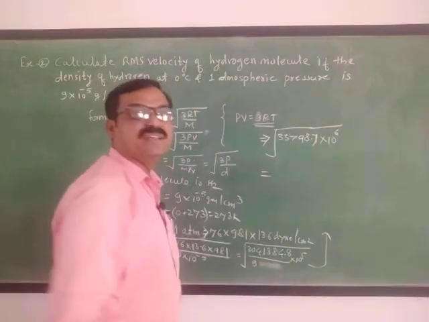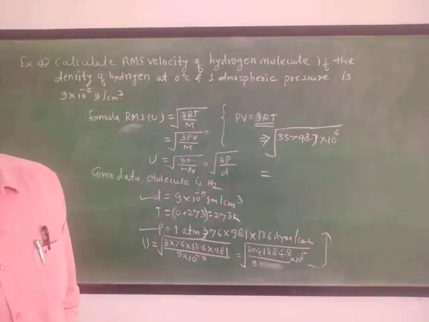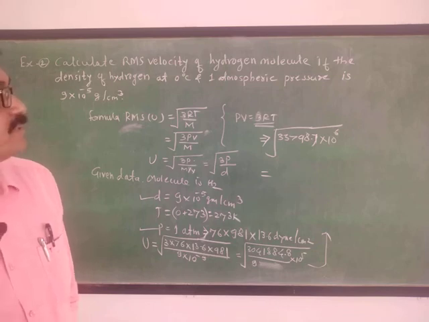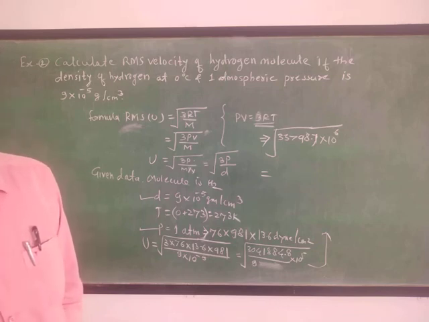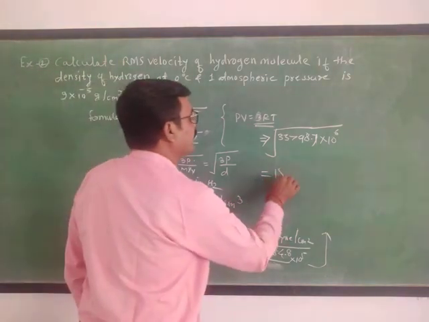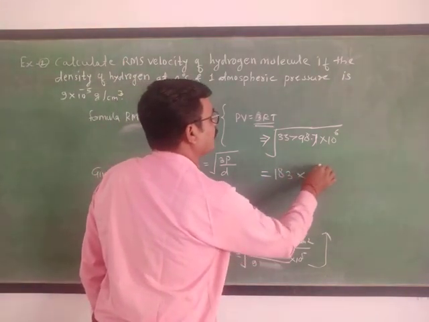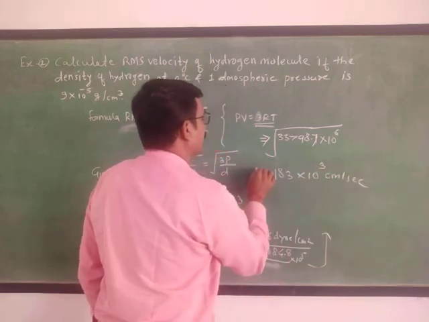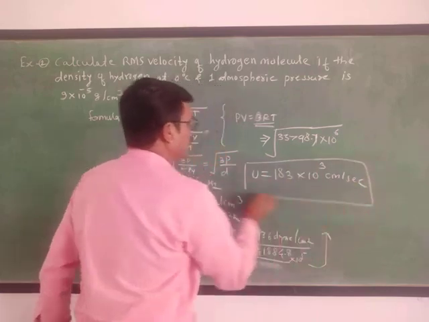Then after solving, this becomes 1.83 into 10 raised to power 3 so many centimeter per second. This is the final value of the RMS velocity.